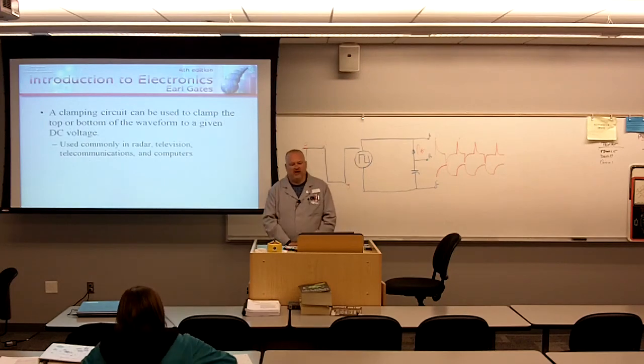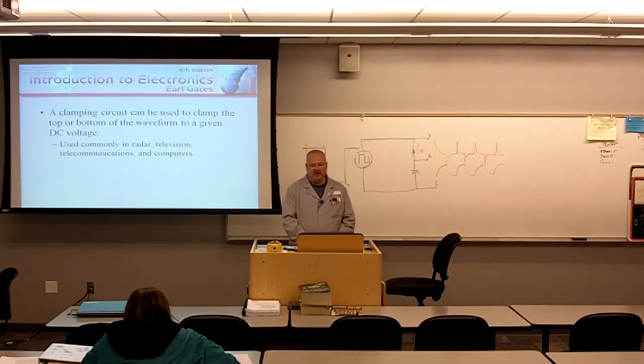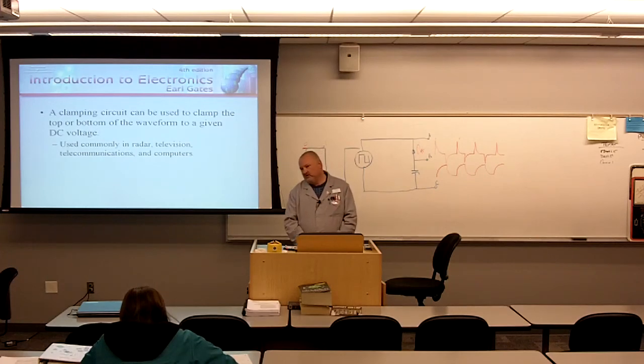A clamping circuit can be used to clamp the top or bottom of a waveform to a given DC voltage. This is commonly used in radar, television, telecommunications, computers. As you know from our studies, we use DC to bias solid-state components. That means the voltage that establishes an operating point to turn a semiconductor device on, right?